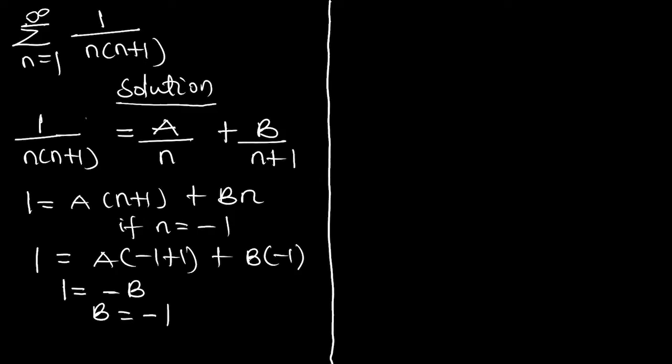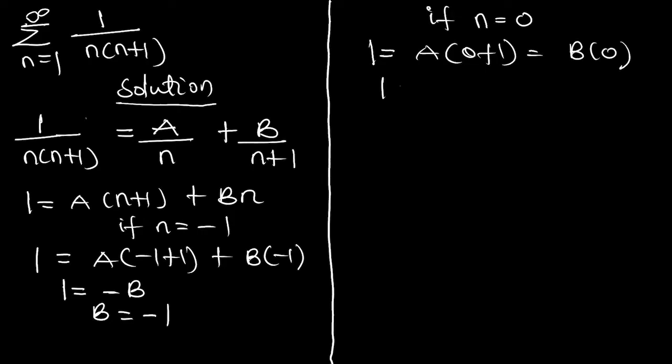Let's do it for a. If n is equal to 0, what are we going to have? 1 equals a multiplying 0 plus 1, plus b times 0. So 1 is equal to a. So our a is 1. Now we have values for our a and our b.